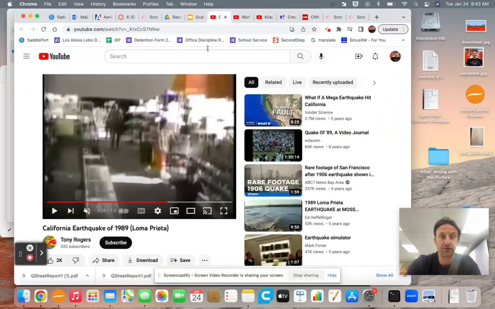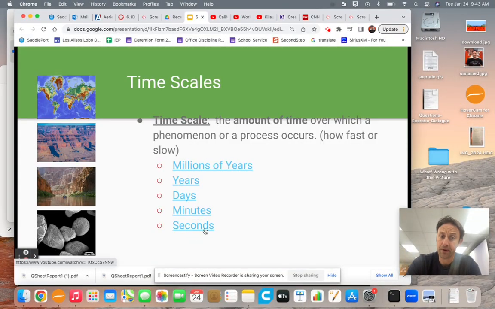In a matter of seconds at the exact same time, these are people inside of a gym during a volleyball game. You can see the glass is moving. You can see people here are trying to get out and move away before items fall. And so for scale, you could write seconds.